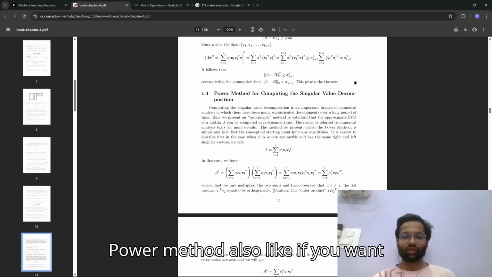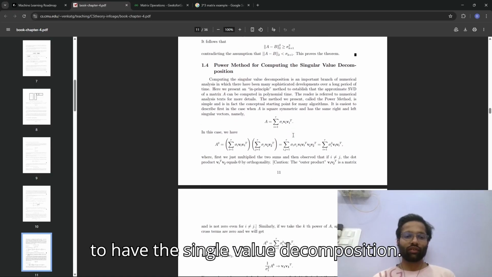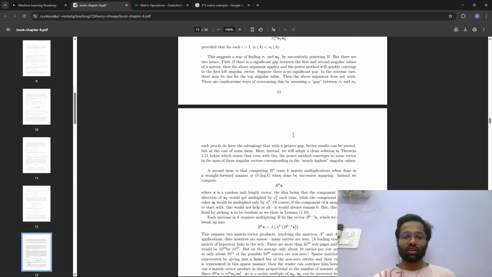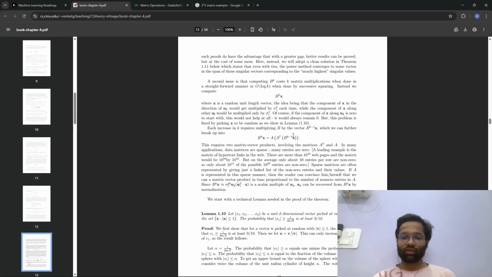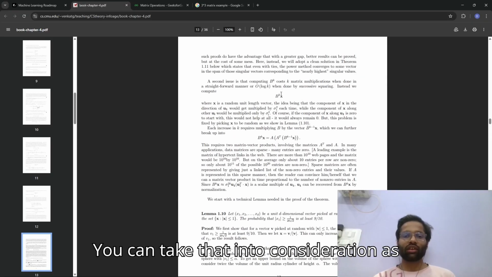Power method also: if you want to compute the singular value decomposition, you can take that into consideration as well.